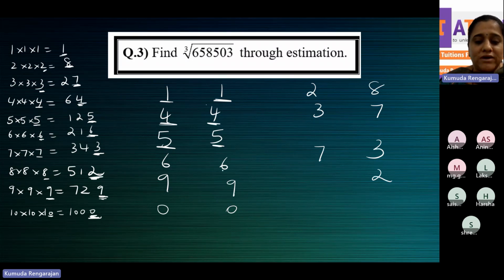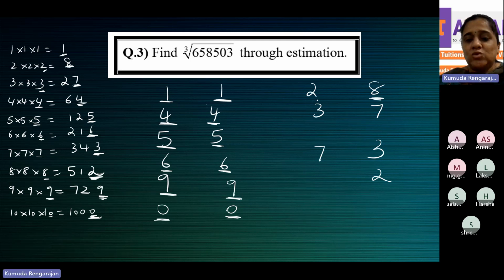If a cube number ends with the digit 6, meaning has this digit in the ones place, then its cube root also will have 6 in the ones place. If it has 9 in the ones place, then its cube root also will have 9 in the ones place. If it has 0 in its ones place, its cube root also will have 0 in the ones place.